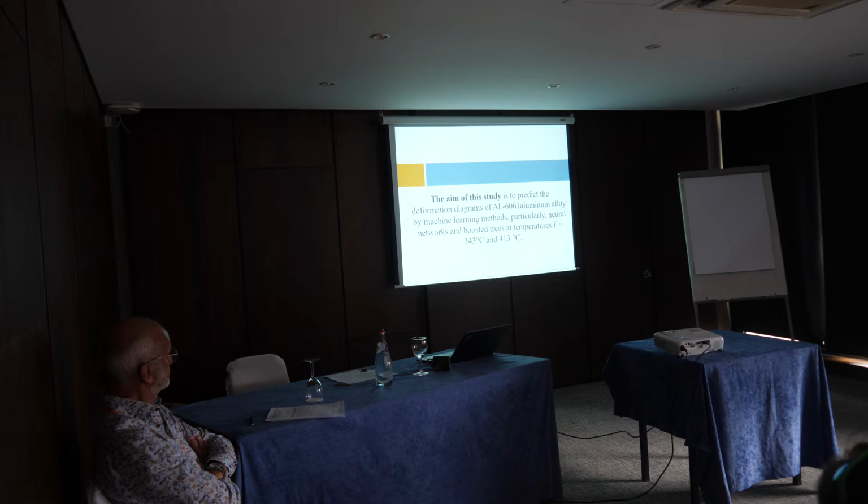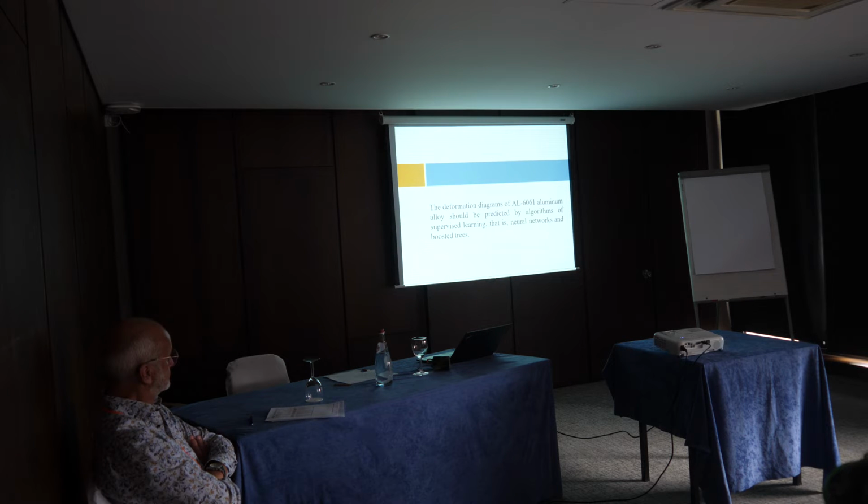So the aim of the study is to predict the deformation diagrams of 6061 aluminum alloy by machine learning methods, in particular neural networks and boosted trees, at temperatures equal to 343 degrees Celsius and 413 degrees Celsius.